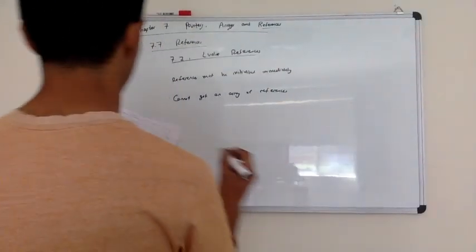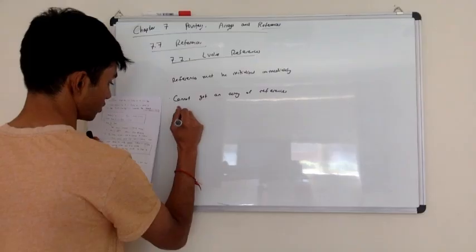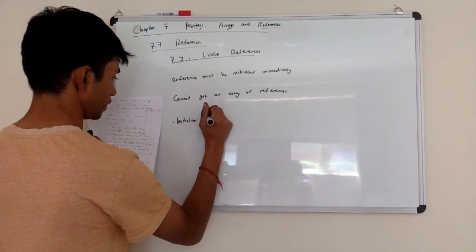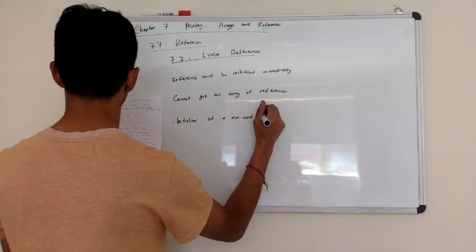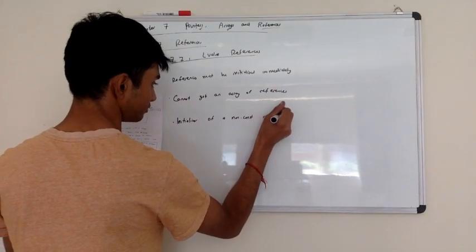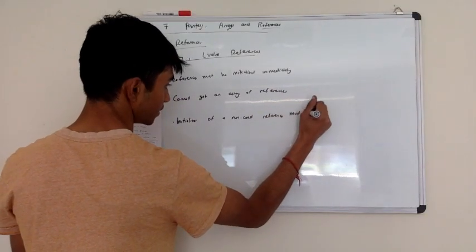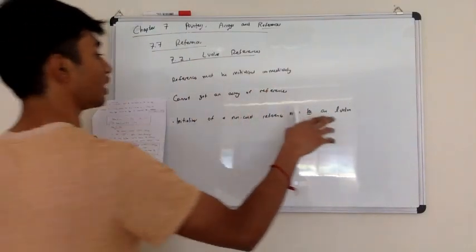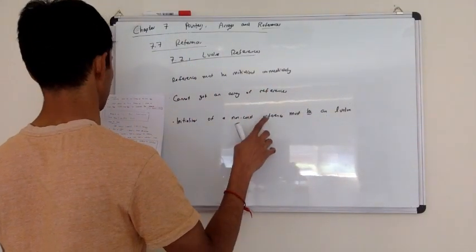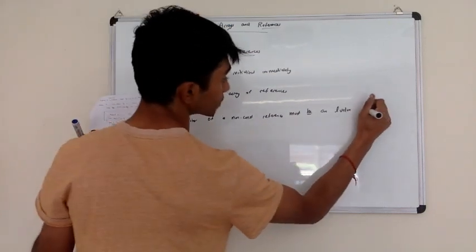And, okay, so a couple extra rules. An initializer of a non-const reference must be an Lvalue, right? We're talking about Lvalue references. The initializer of a non-const Lvalue reference must be an L value of the same type.